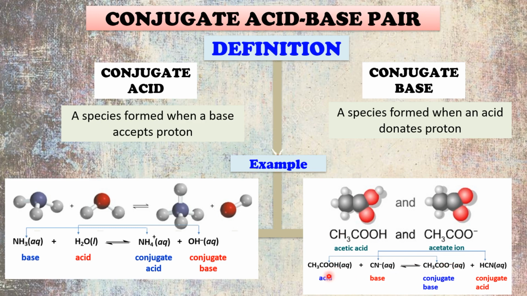Acetic acid is an acid because it donates a proton, and the product is the conjugate base. Whereas CN minus accepts a proton from acetic acid, so CN minus is a base and the product is a conjugate acid.